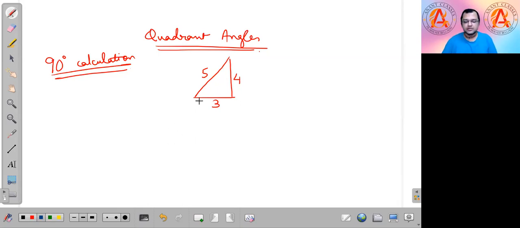These are the sides 3, 4, 5 in my right angle triangle. Now, you know the concept of complementary angle. These two angles are complementary, right? Complementary means their sum is 90-degree. Yes, everyone knows that.